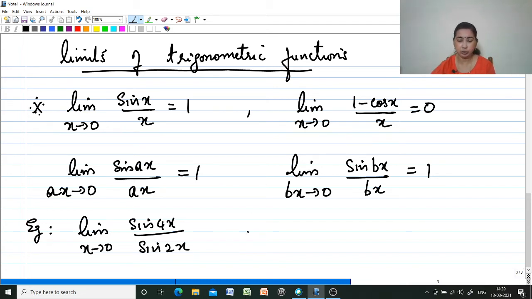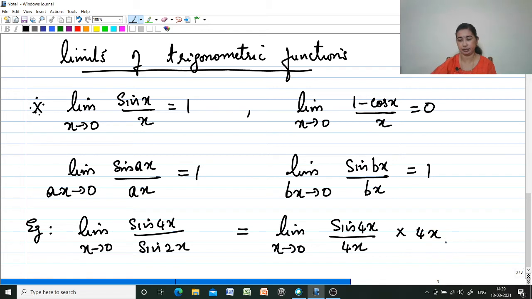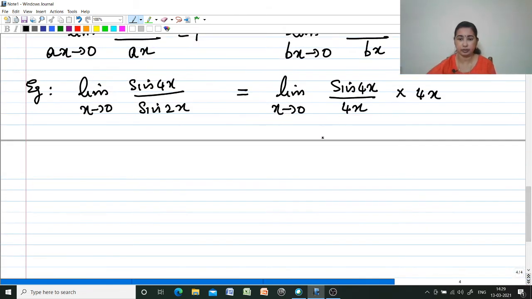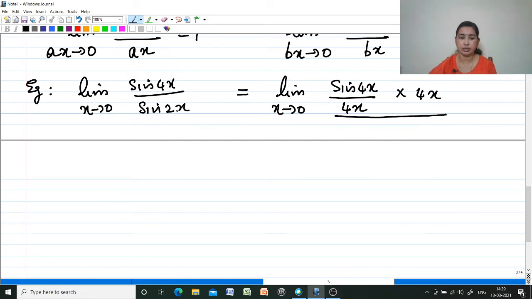So what we can do here is, limit x tends to 0, I write sin 4x. In order to apply the limit, 4x should be there in the denominator. Since this is an extra term, I multiply by 4x. Then divided by sin 2x, in the same way we can write sin 2x by 2x into 2x.